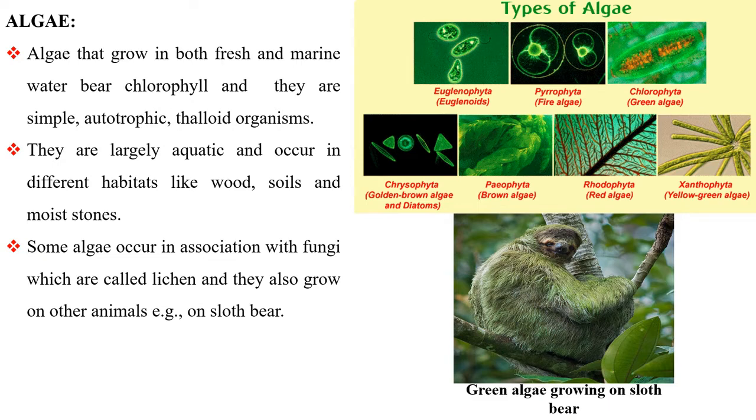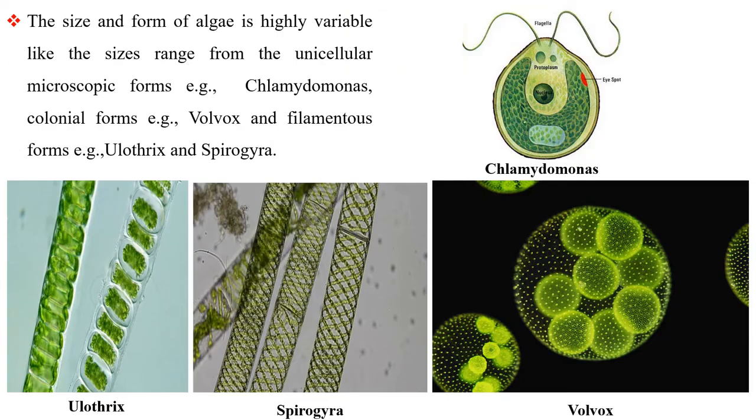Algae. Algae that grow in both fresh and marine water bear chlorophyll and they are simple autotrophic thalloid organisms. They are largely aquatic and occur in different habitats like wood, soils, and moist stones. Some algae occur in association with fungi which are called lichen, and they also grow on other animals, for example on sloth bear.